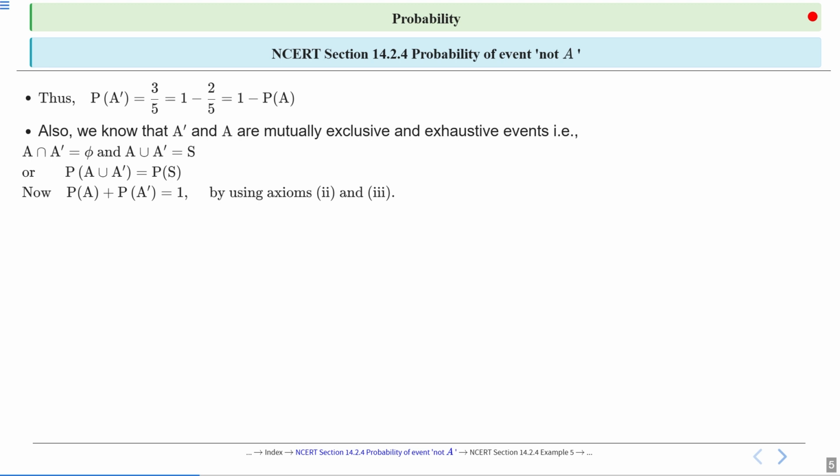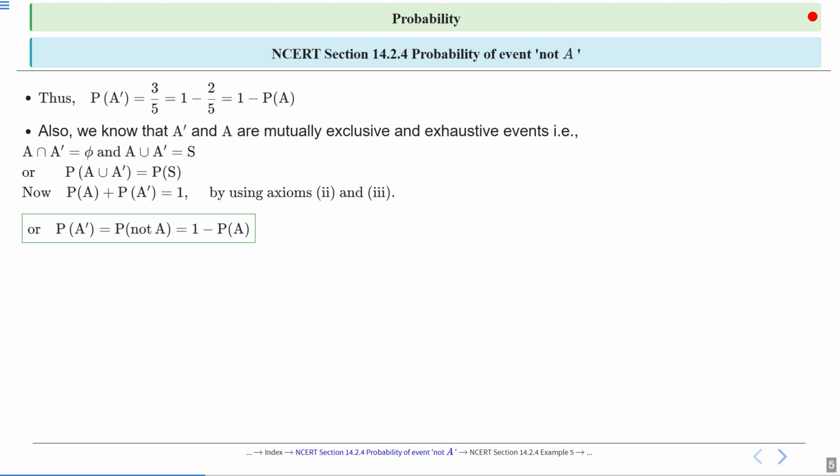And in axiom 3, we have seen if two events are mutually exclusive, then probability of A union B is equal to probability of A plus probability of B. So now we apply axioms 2 and 3, and we obtain this equation: probability of A plus probability of A complement equal to 1. Why 1? Because probability of sample space S is always 1.